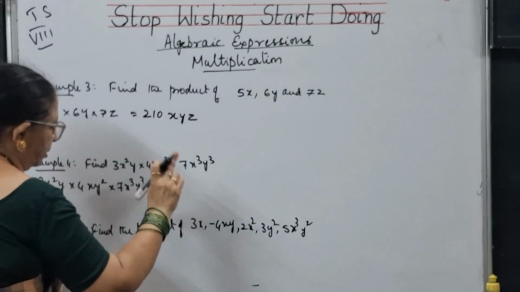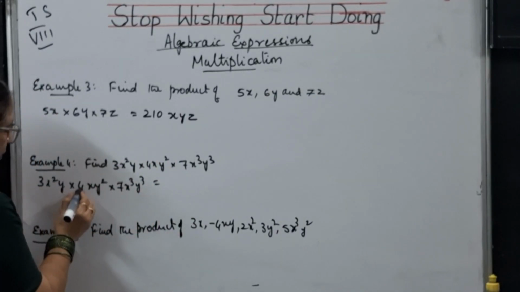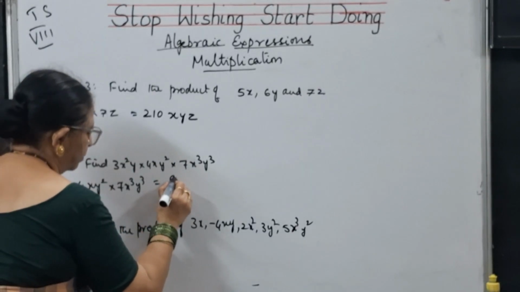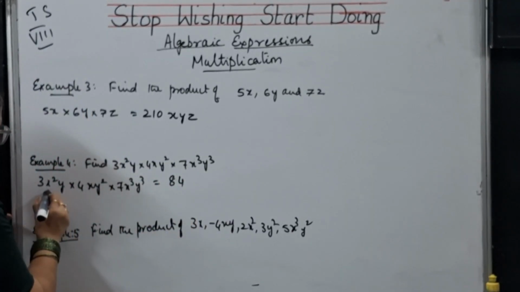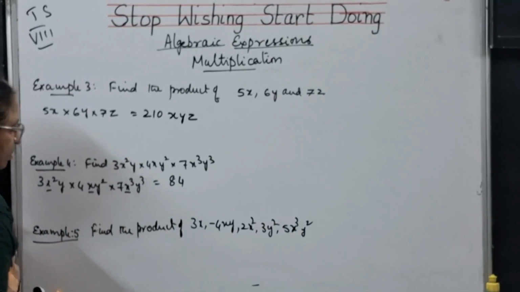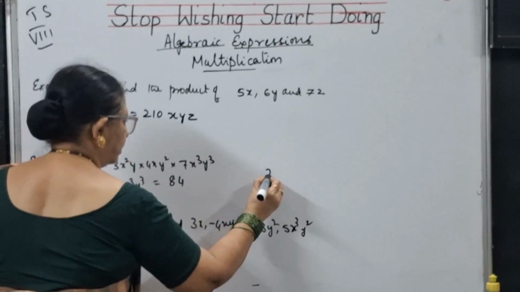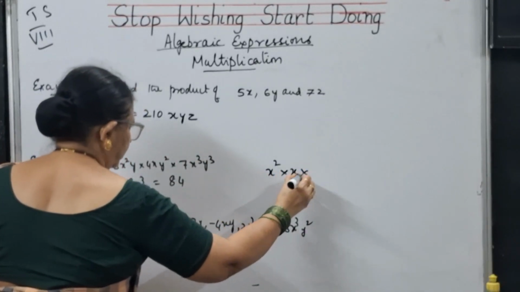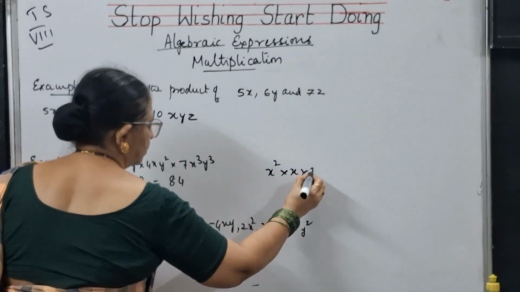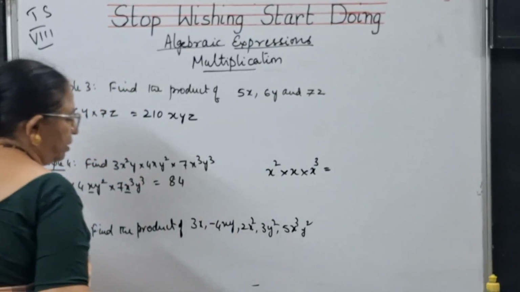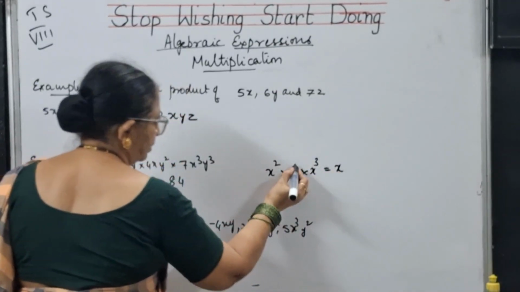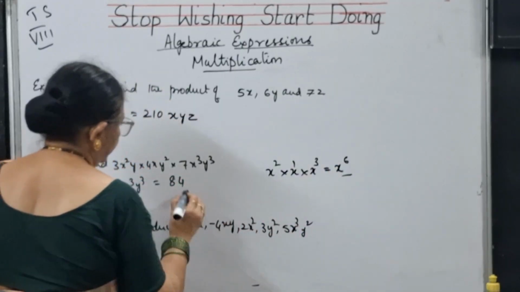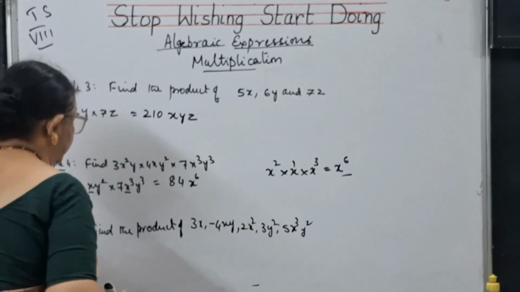All are plus, so plus, no worry. 3 4s are 12. 12 7s are 84. Now x's: this is x, this is x, this is x. So in the rough column, we take x square into x into x cube. That means x to the power of, this is 1, 2 plus 1 is 3, 3 plus 3 is 6. So 84x to the power of 6.